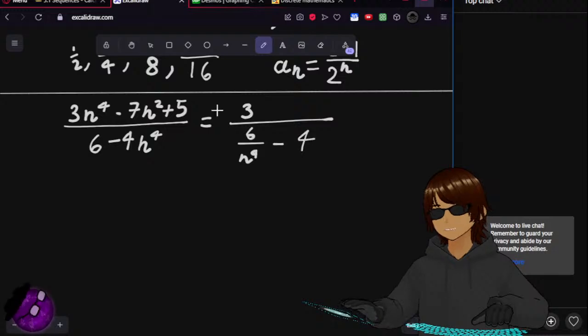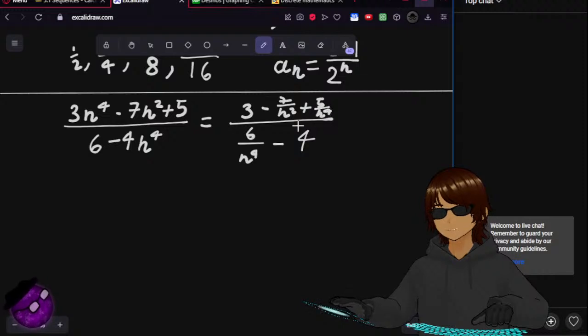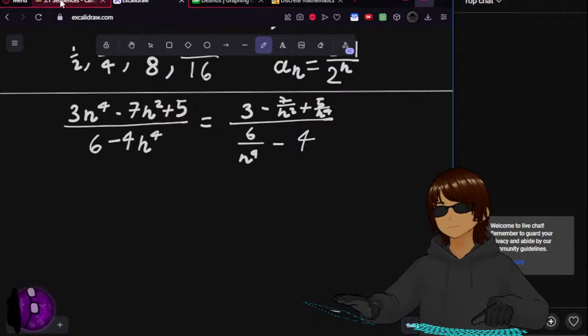Minus 4n^4, minus 7n squared, plus 5n to the power of 4. So if the limit as n goes to infinity, this part will go to 0, so will this and this. You will be left with minus 3 over 4.